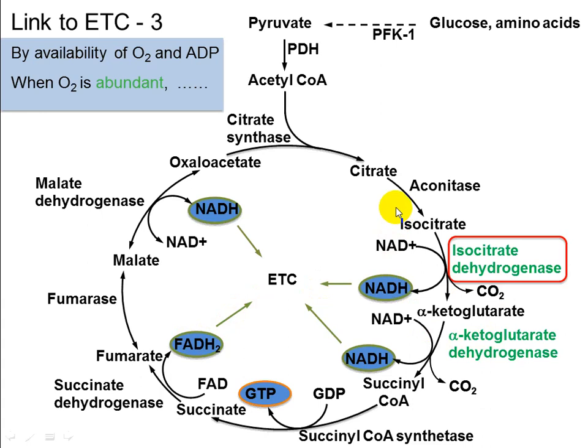How can we increase the production of these high-energy compounds? The answer comes from activation of this enzyme. Activation of isocitrate dehydrogenase by ADP increases the production of high-energy compounds by the TCA cycle. So this again indicates regulation of the TCA cycle and electron transport chain are coordinated.